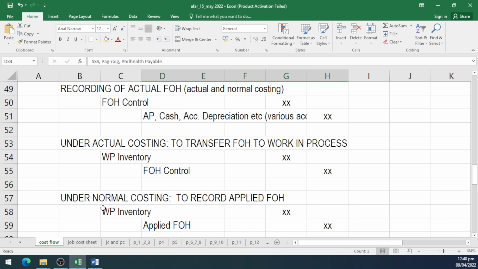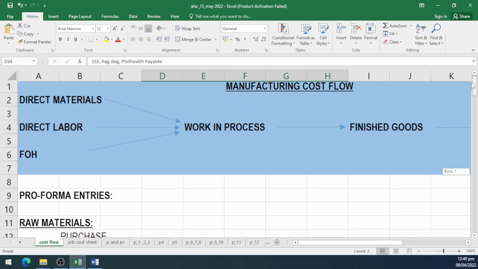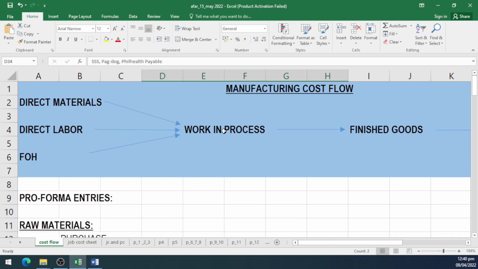So, ang pro forma doon, under actual costing, to transfer factory overhead to work in process: debit work in process inventory, credit factory overhead control. Actual costing po yan ha, kung saan yung actual overhead incurred, yun ang ating dinedebit sa work in process or charge sa work in process. Kapag actual costing, debit to work in process and credit to factory overhead control. Pagka-record ng entry na yun, narito na silang lahat sa work in process, ladies and gentlemen.